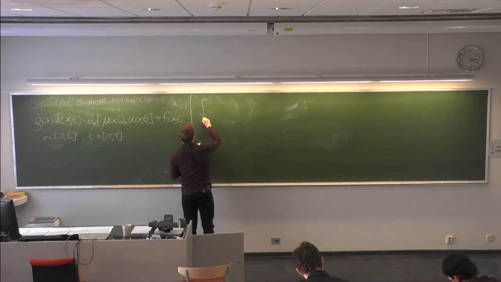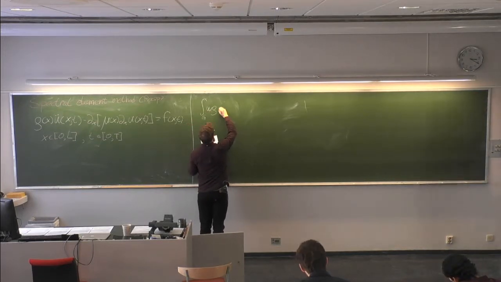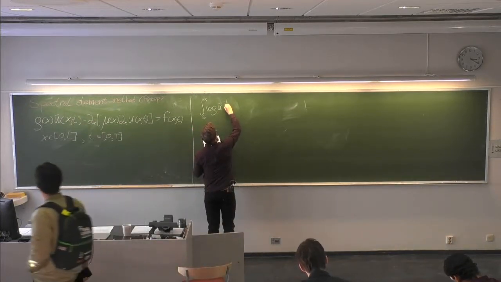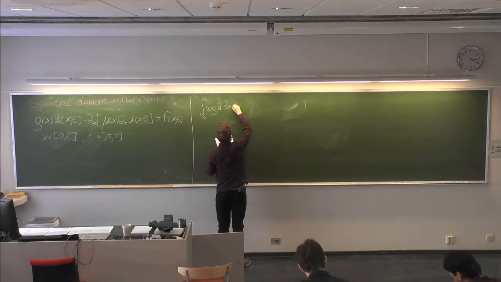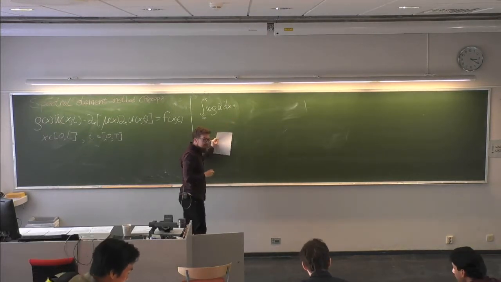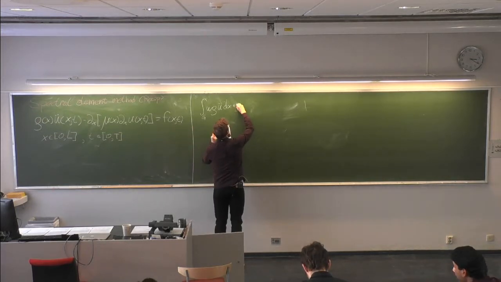So we ended up with this: w, my test function, times rho u double dot, minus... and we also did some partial integration such that we got away with the boundary condition.